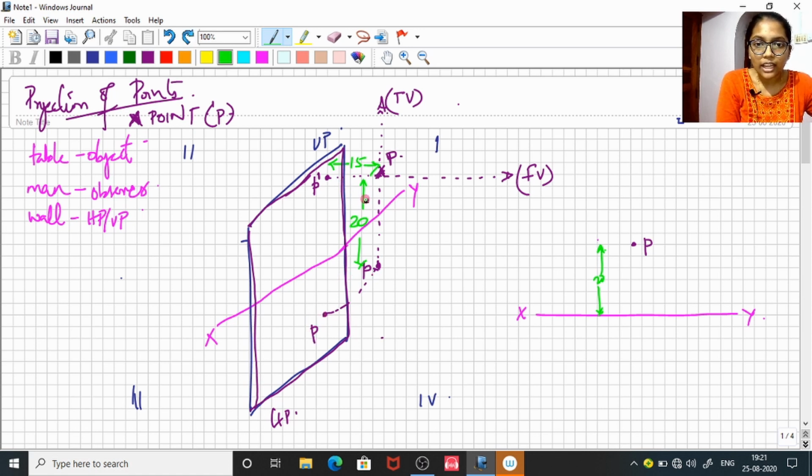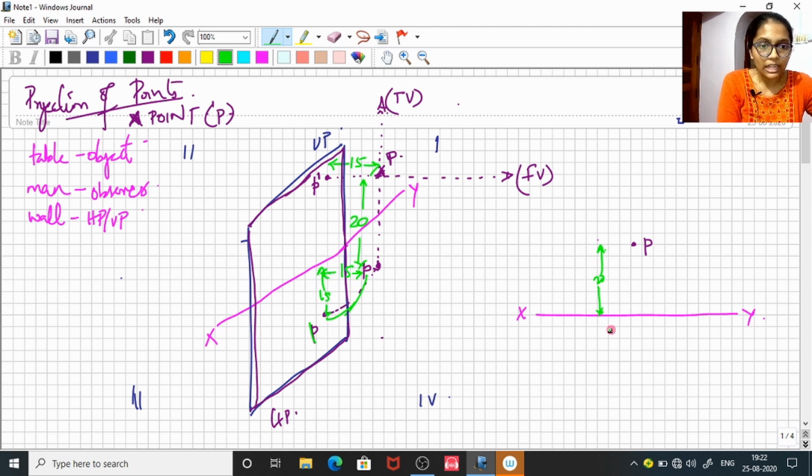And you can see that this small letter p is having a distance of 15 millimeter from VP. Okay, so I can take this dimension here also, and now this is making a clockwise rotation. So this 15 comes beneath. So you can say that our top view is 15 millimeter below XY line.